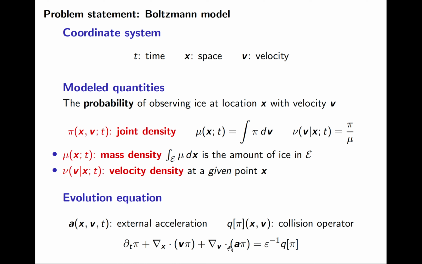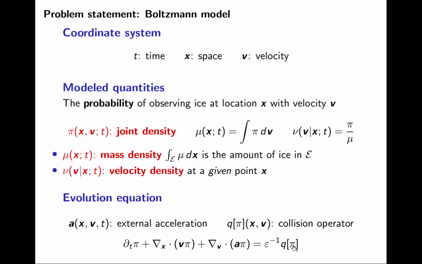The acceleration typically will be due to ice-ocean or ice-atmosphere interaction, and it'll be some sort of, for example, quadratic drag term, where as winds blow across the ice, they blow it around, they blow the density. This drag creates an acceleration, which then moves the density around the velocity coordinate.